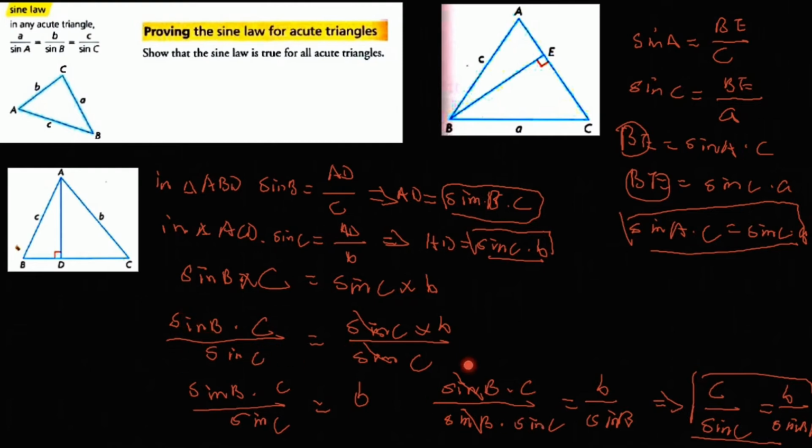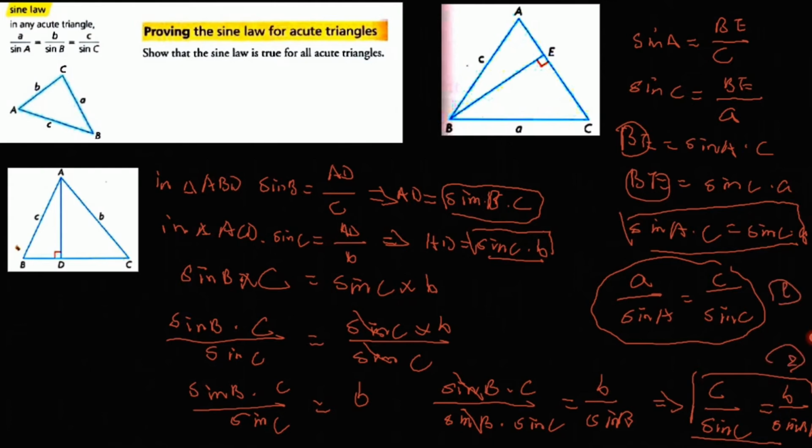So we will get a over sin A equals c over sin C. Look at both equations: a over sin A equals c over sin C, and c over sin C equals b over sin B. Using both equations, we get the sine law: a over sin A equals b over sin B equals c over sin C. So we prove the sine law for all acute triangles.